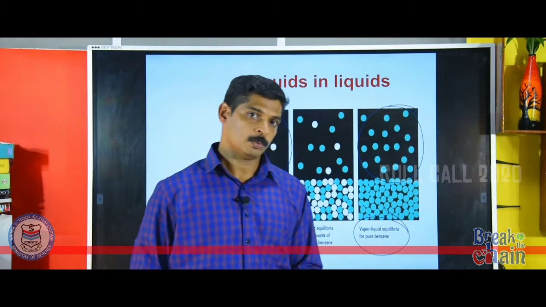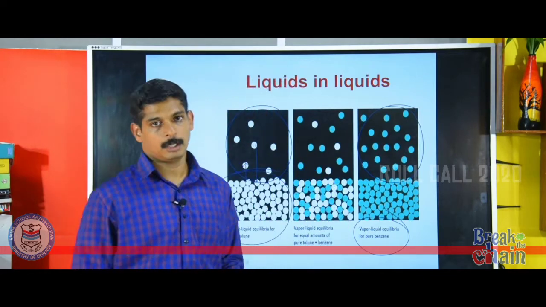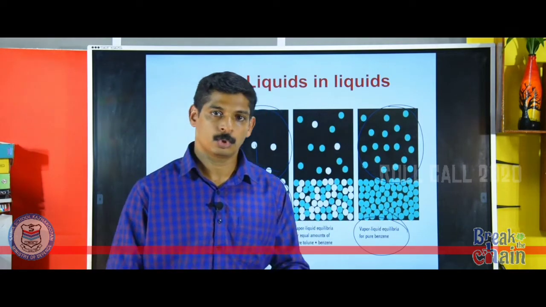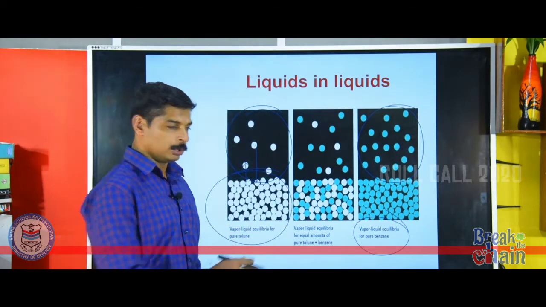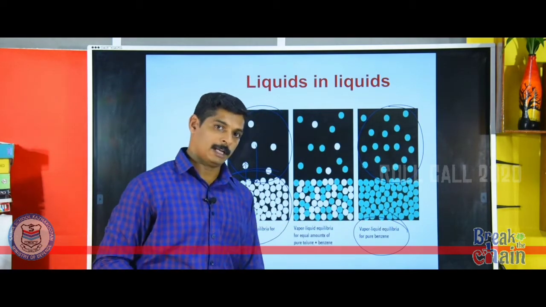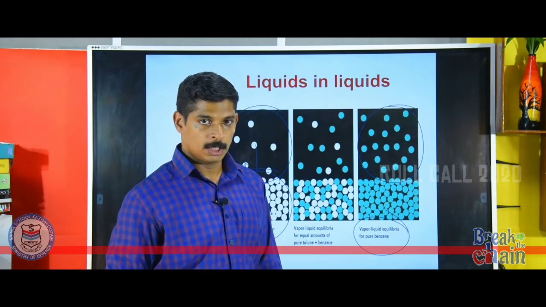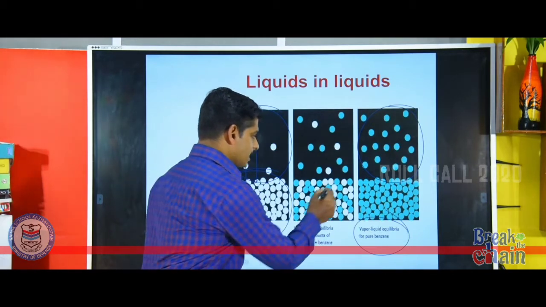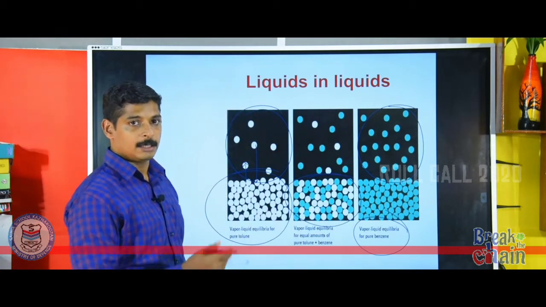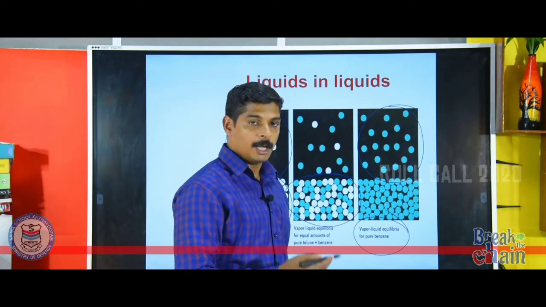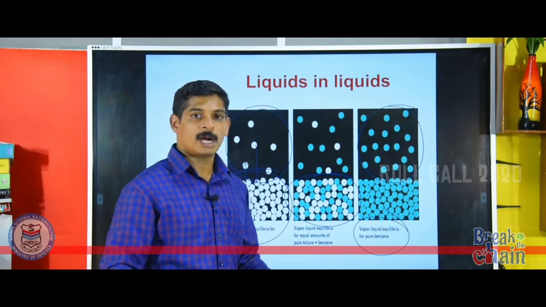Now, what am I going to do? I am going to mix equal quantities or some other proportion. I am going to add benzene and toluene. When I mix benzene and toluene, both can produce their vapors. So, when I mix them, you can see both toluene molecules as well as benzene molecules are there, and these molecules start to evaporate.